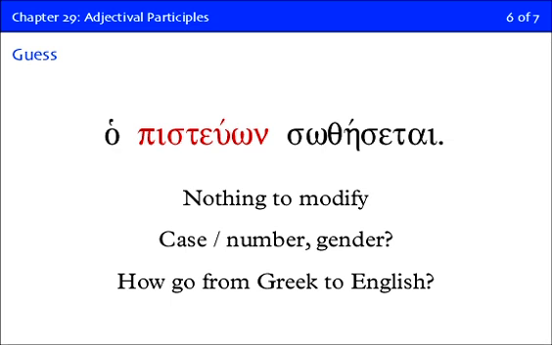Yeah, the believing one will be saved. See, the believing one, pisteuon is singular, so you say one, not ones. The one who believes. He who believes. Something like that, which fits the context. What I want you to see is that it's behaving just like an adjective.